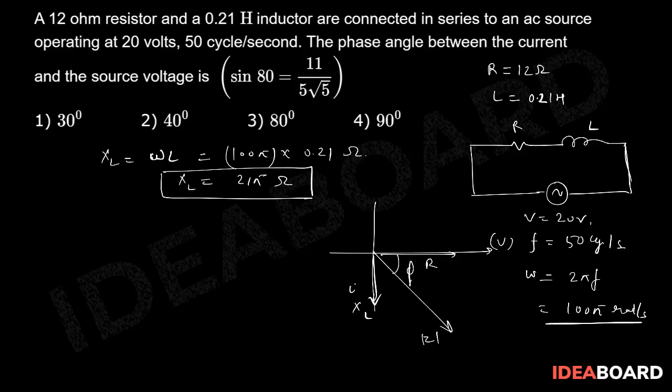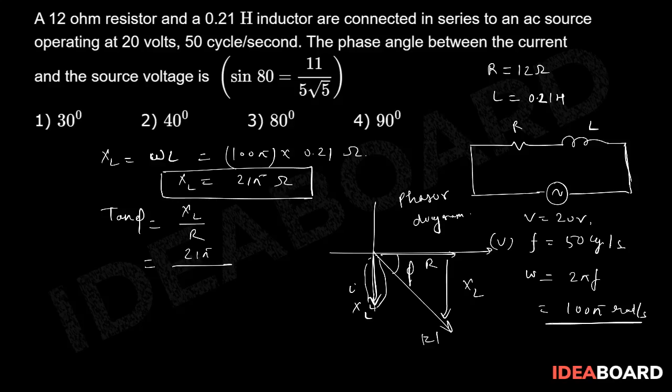Though it is not a vector, this is the phasor diagram, so here this is XL. We can see from the triangle that tan phi is going to be XL upon R.